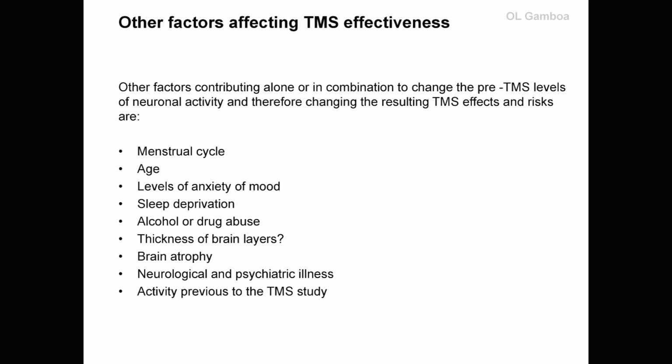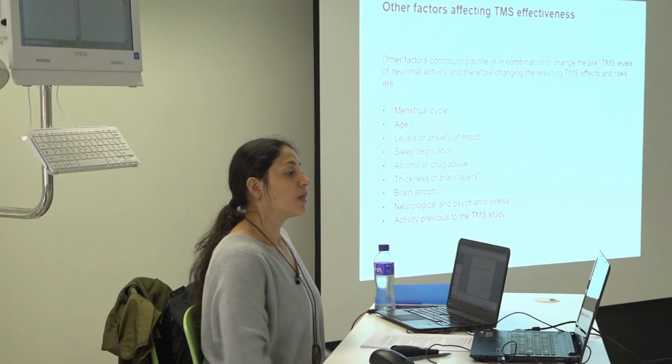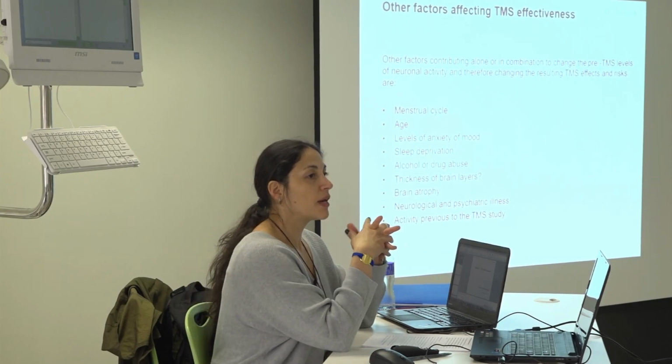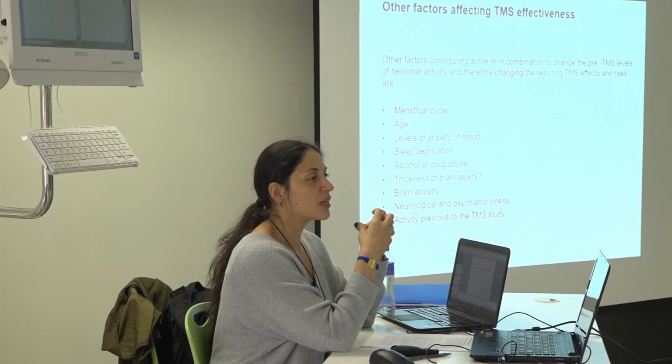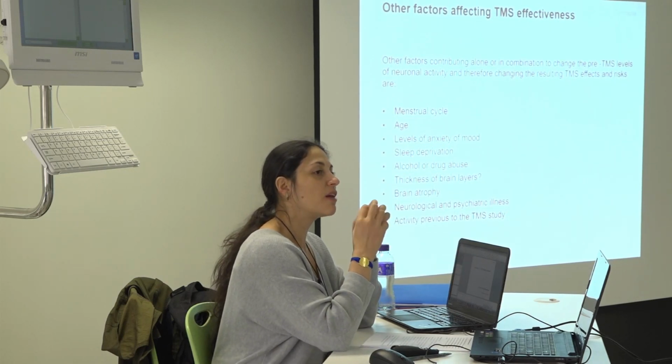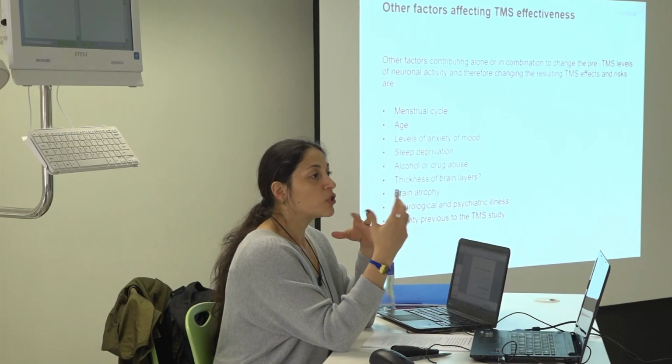Okay. Other factors that will affect TMS outcomes. That's really interesting because the first thing that I have here, and that you also find in the consensus, is the menstrual cycle. I have never done TMS over menstruating ladies because the hormones change.